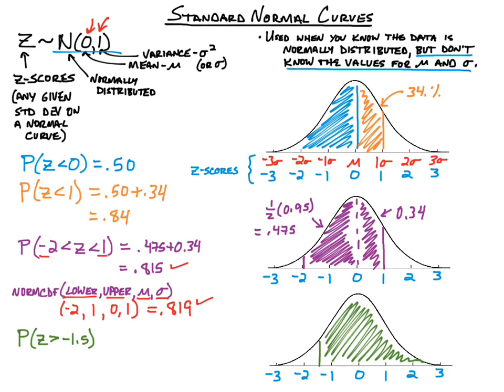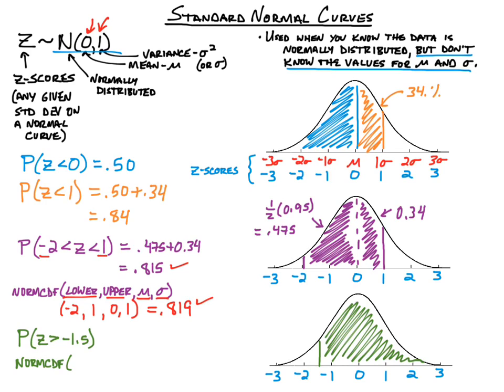We can make an assumption that it's halfway between 34 and 47.5, and that'd probably be a pretty safe assumption. But let's be a little bit more precise and use that normal CDF function.